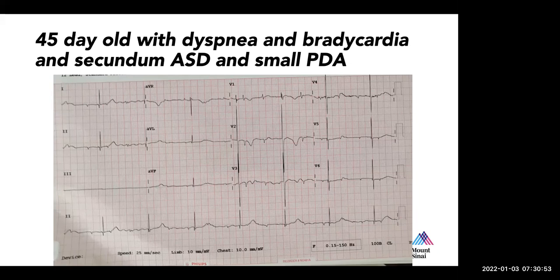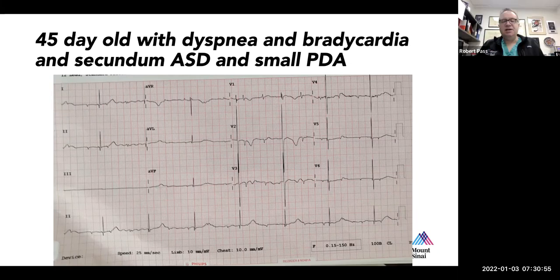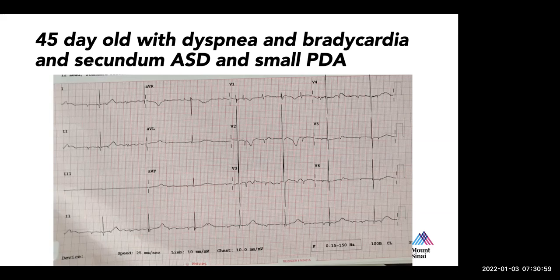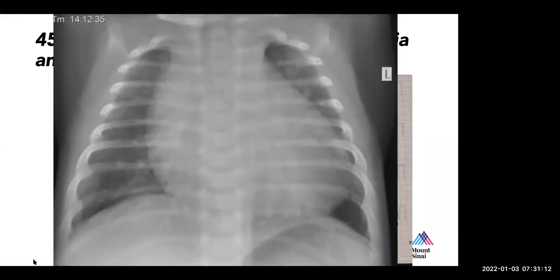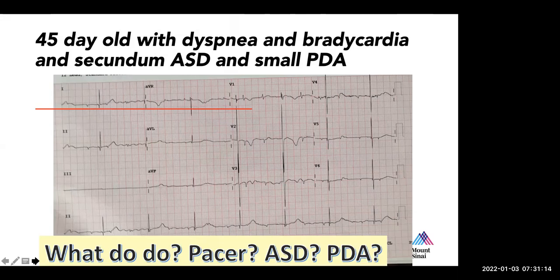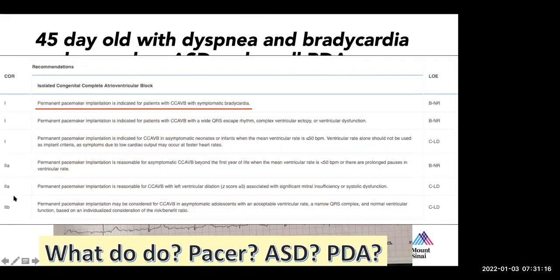So how do we decide? I think a resting heart rate in the 30s to 40s kind of meets criteria for a pacemaker in a neonate. And so I think the patient meets a primary indication for a pacemaker based off of bradycardia and complete heart block.